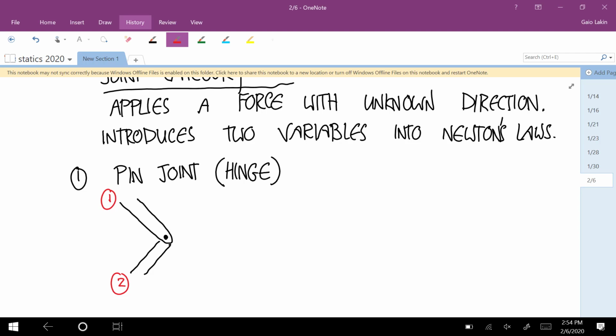Even in pretty advanced studies of biomechanics, this is mathematically how people tend to treat knees and elbows.